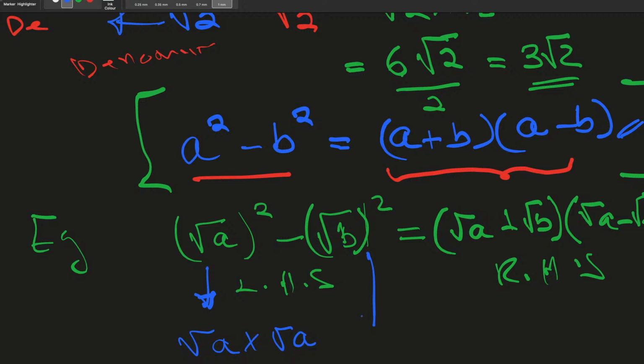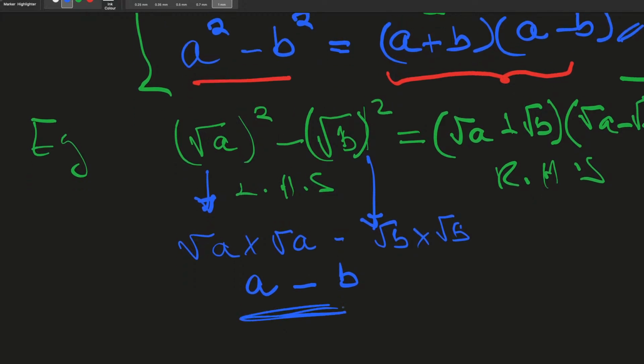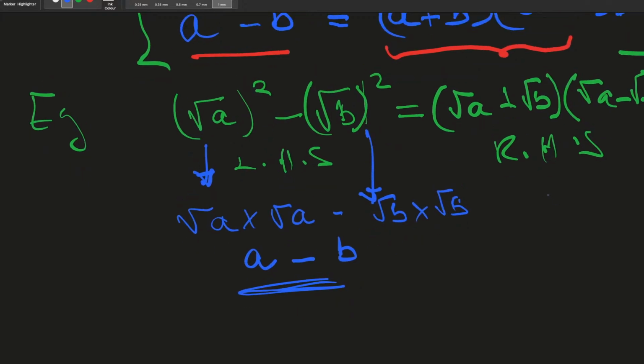And root b squared means root b times root b. Now, we know that since they are identical, root a times root a will be a, and this minus sign, and root b times root b will be b. In the same way, when we expand the right hand one, we will get the same. Let's see whether it's true.